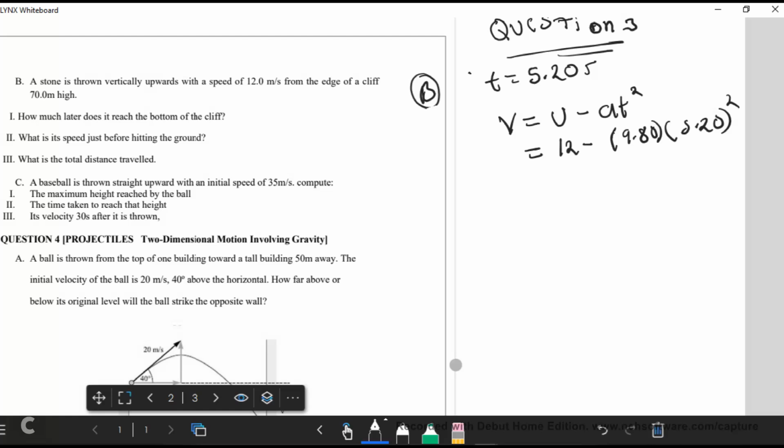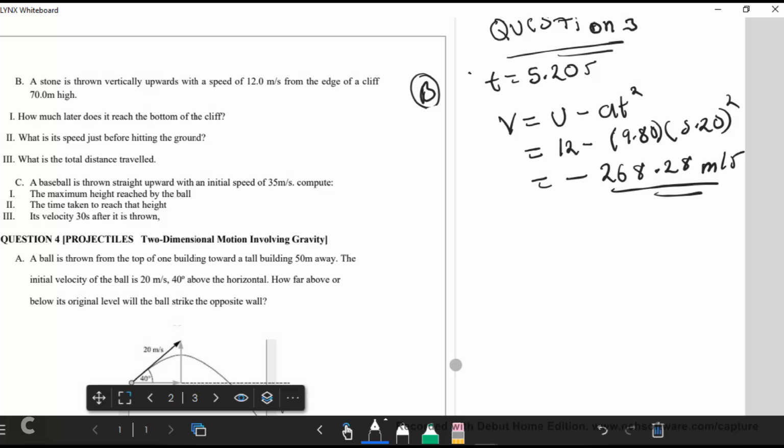You say 12 minus 5.2 times 9.80. Then when you subtract, your answer gives you negative 268.28 meters per second.